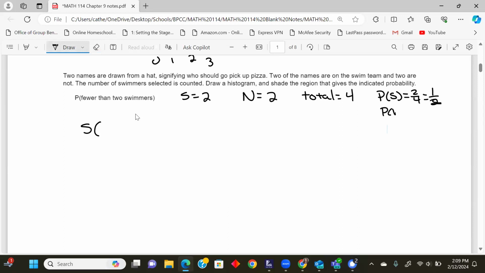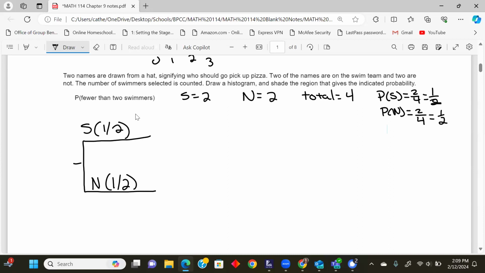The probability they're not a swimmer is also 2 out of 4 because there's 2 non-swimmers out of 4, and that also reduces to 1/2. Not a swimmer is also 1 out of 2. It's 2/4, and that reduces to 1 out of 2.